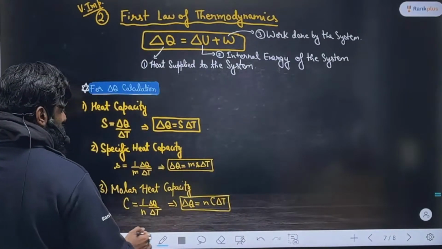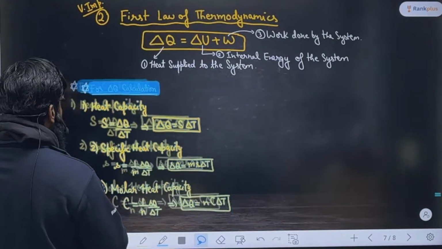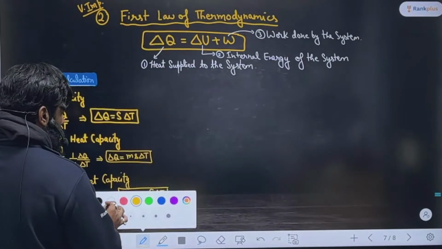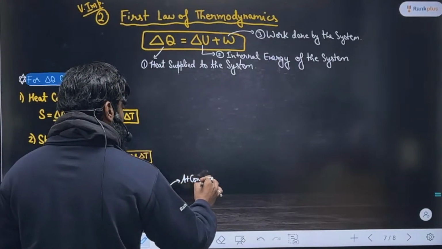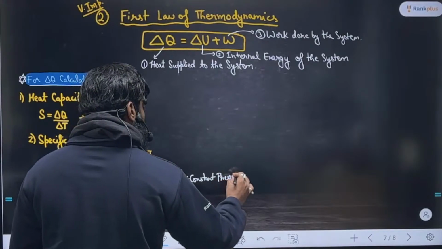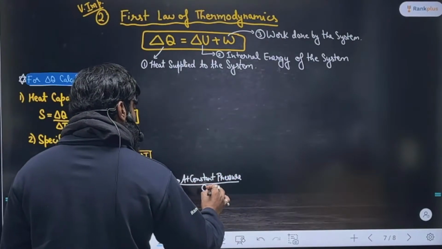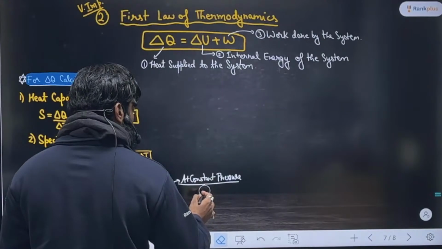Now there is a further variety for this molar heat capacity: at constant pressure and at constant volume. At constant pressure, we have to take Cp. Okay, at constant pressure, we have to take Cp.